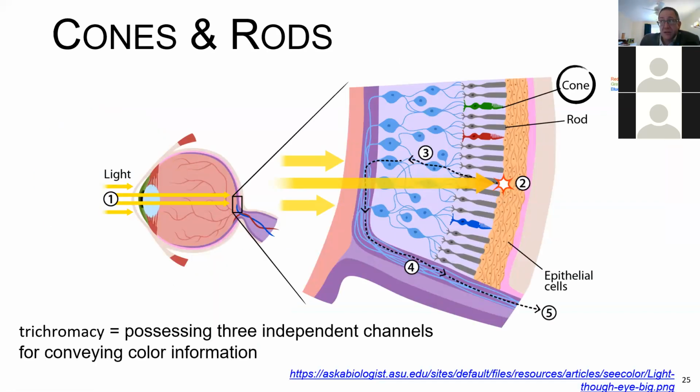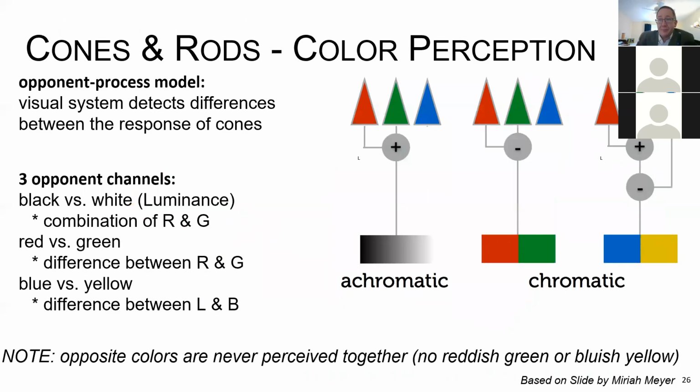Because we have rods and cones, and some of them are better than others. We have 5% blue cones. And rods, we see differences of light intensity. I find this fascinating. How do you, with rods at least, see color? Well, with rods you can see brightness, lightness, fine. But on top of that, with your 3 sets of cones, if all 3 go off at the same time, you see something as brighter.